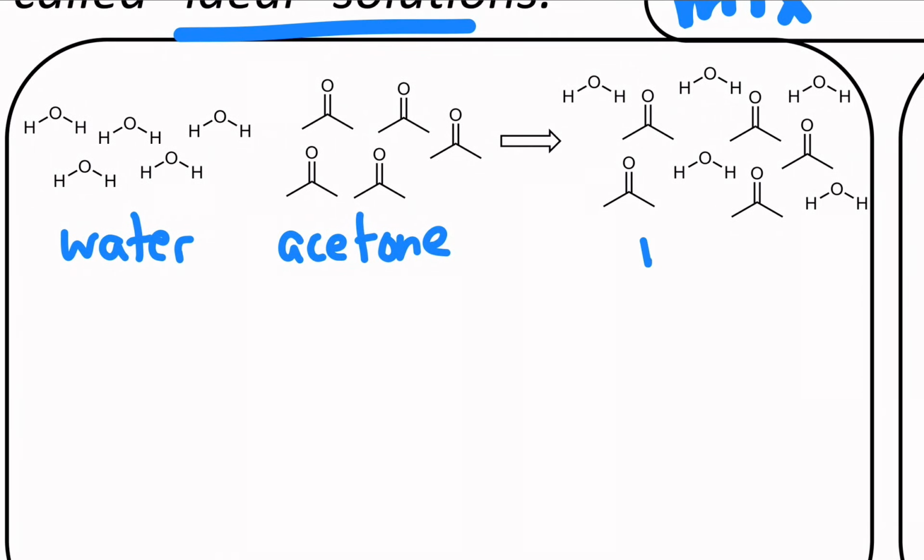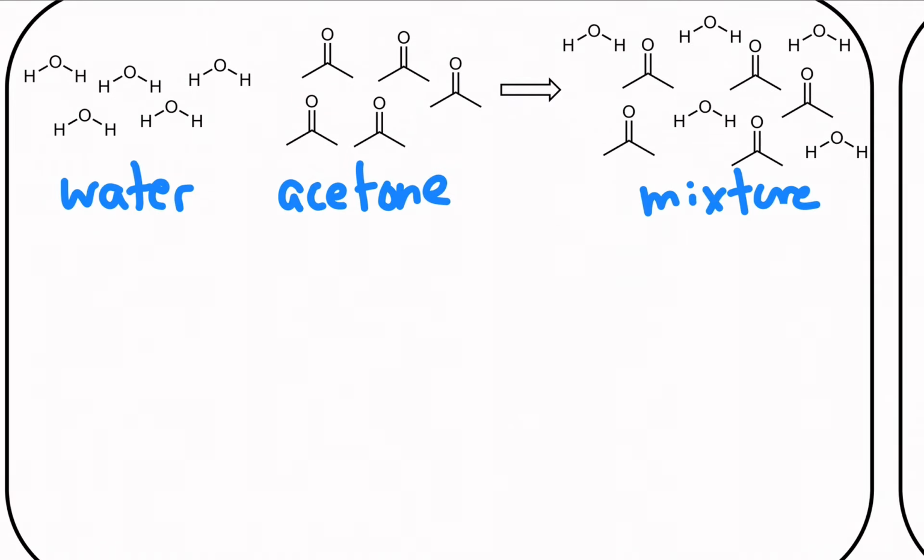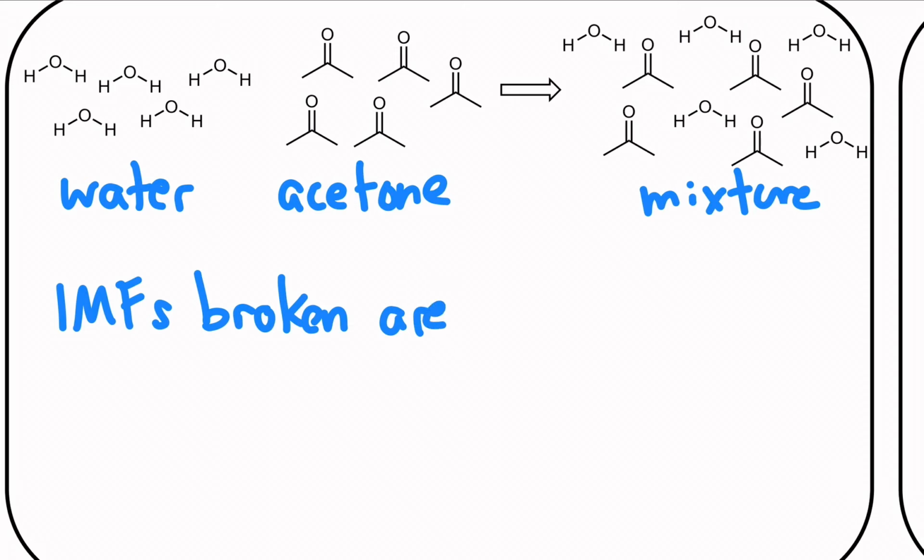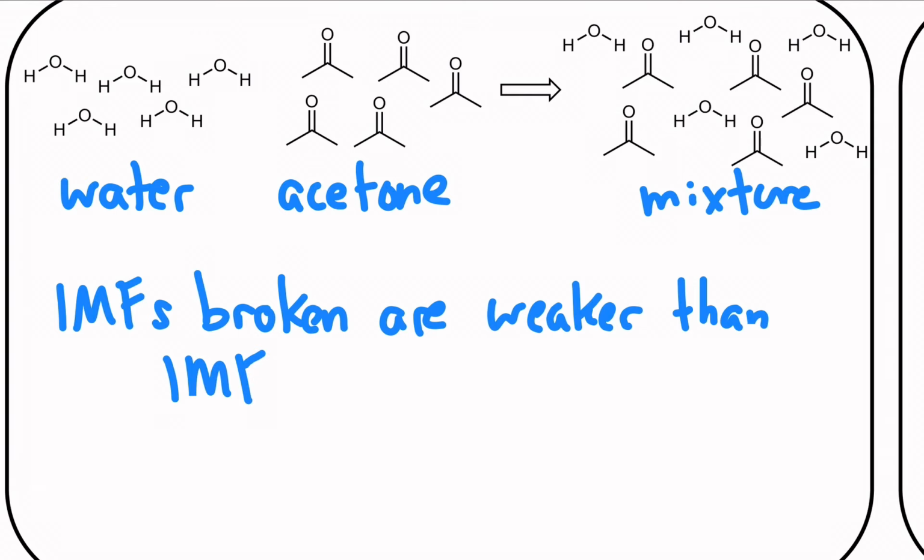It is non-volatile, and you make a mixture with a weighted average vapor pressure, but it's not linear any longer, because this time the IMFs that are broken are actually weaker than IMFs formed.